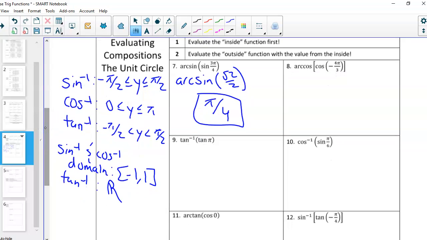Now, negative 4 pi over 3 is the same thing as, so 4 pi over 3 is in the third. Negative 4 pi over 3 would be where? It wouldn't be in the first. It'd be in the second.